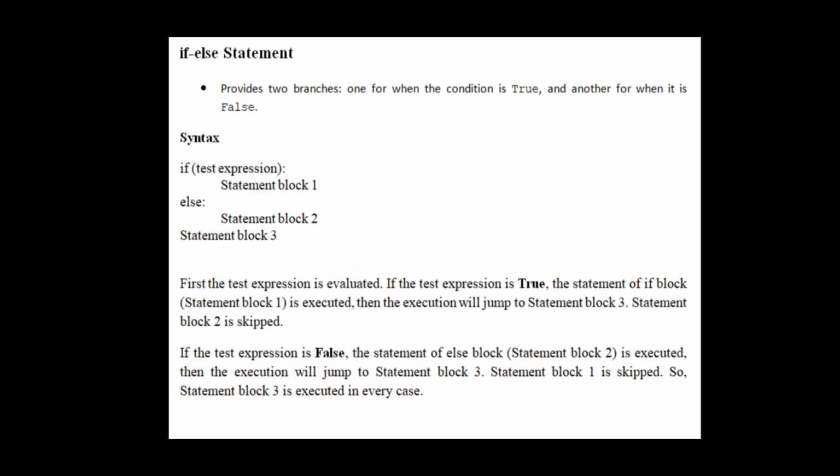So statement block 3 is executed in every case. If the test expression is true, statement block 1 then statement block 3. If false, statement block 2 then statement block 3.